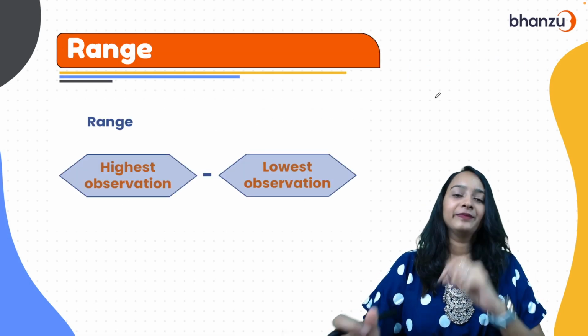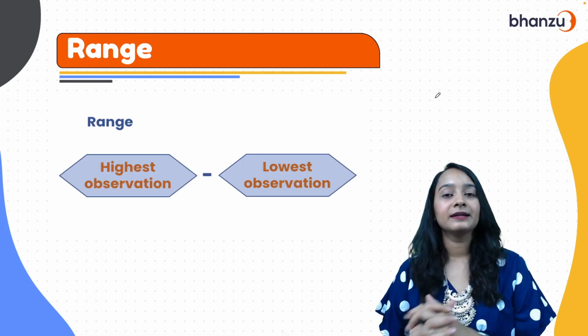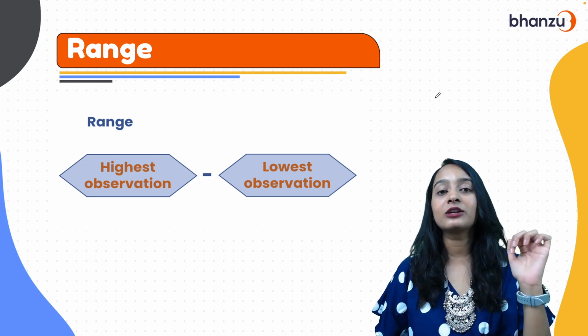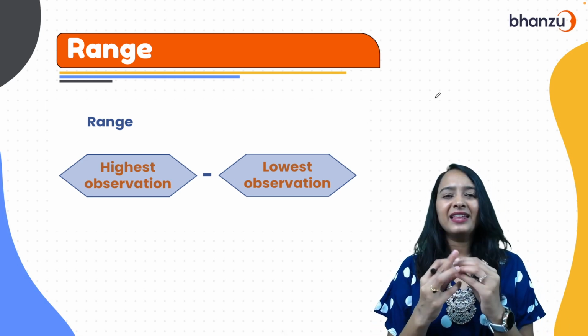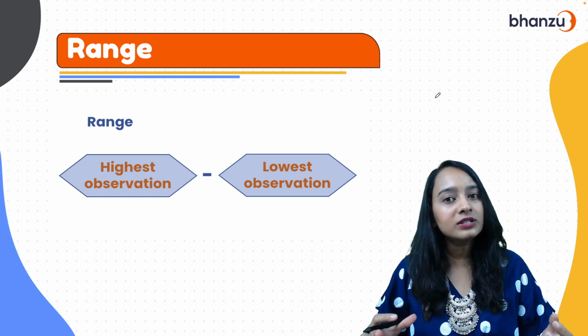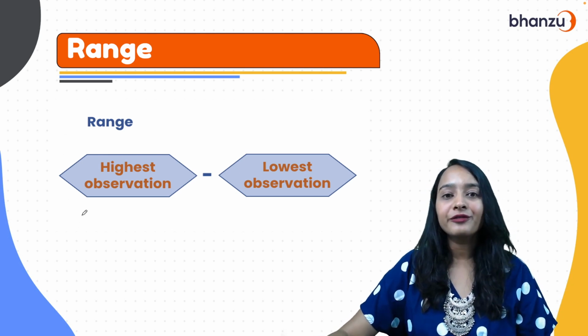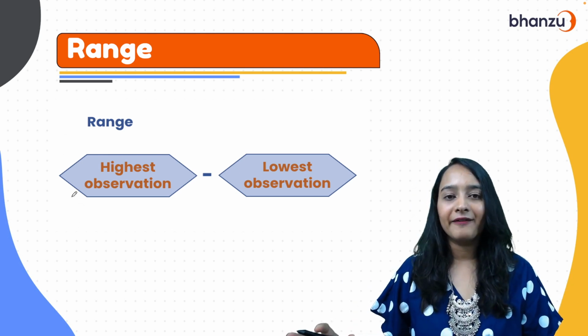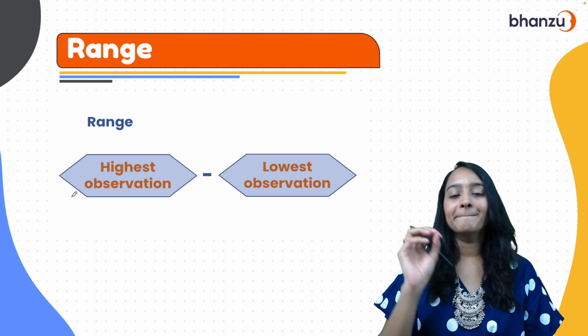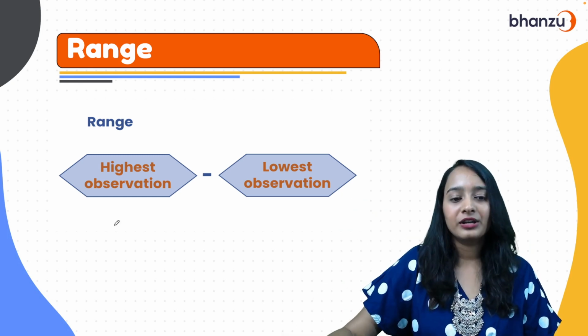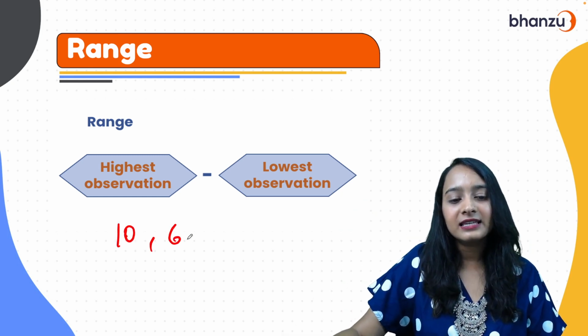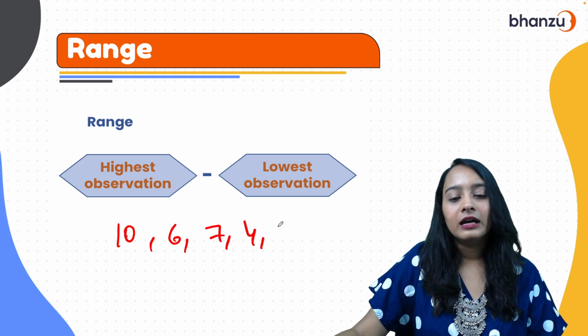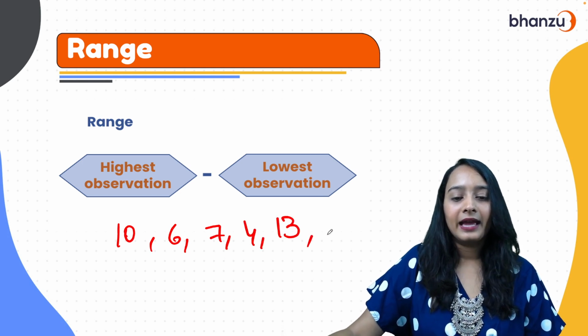Now, the next representative value is called the range. It is not very widely used. So what is the definition of range? Whatever data you have, highest observation minus the lowest observation. For example, you have 10, 6, 7, 4, 13 and 3.